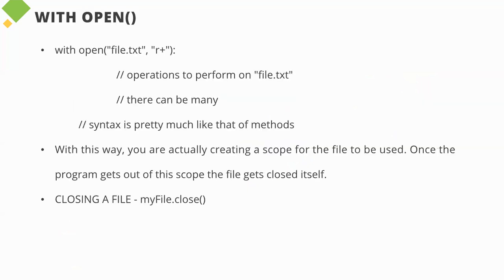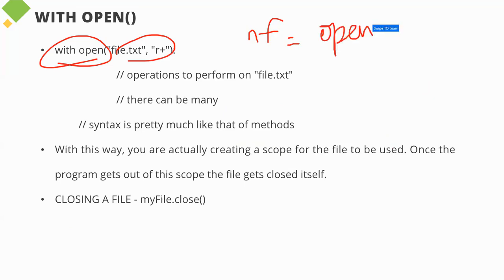Let's move on to the next. You can also have with open. So with open file.txt as R plus, you can also use. Suppose you can also create a new file equals open of file dot txt, where I'm using R plus, so I can both read and write.